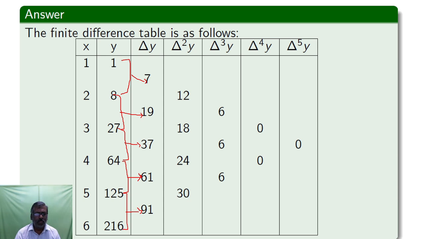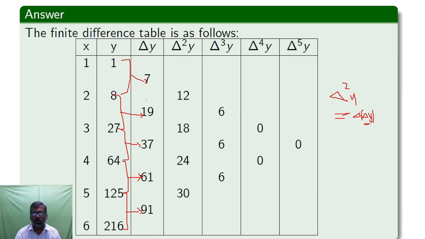Next one is delta squared y. Delta squared y can be written as delta of delta y. That means again you have to find the difference in the delta y column.